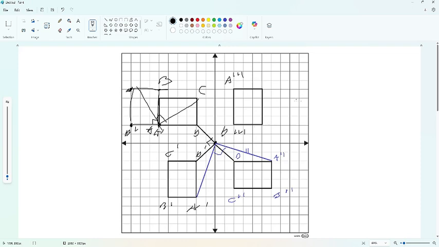Now let's see a rotation not on one of the points, but still not the origin. Let's see, C prime prime prime, B prime prime prime, A B C D prime prime prime. Now, okay, let's see. This is 2 away and 1 here.